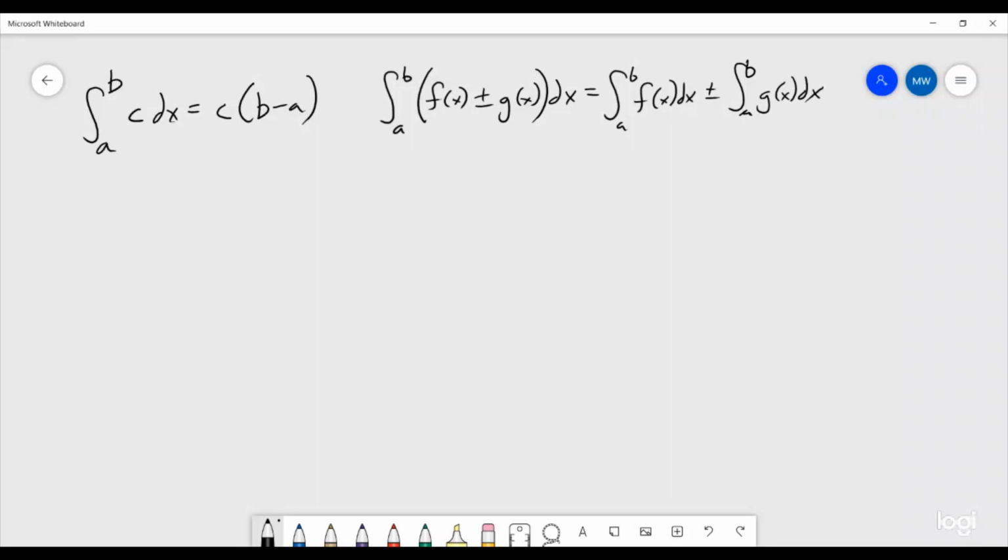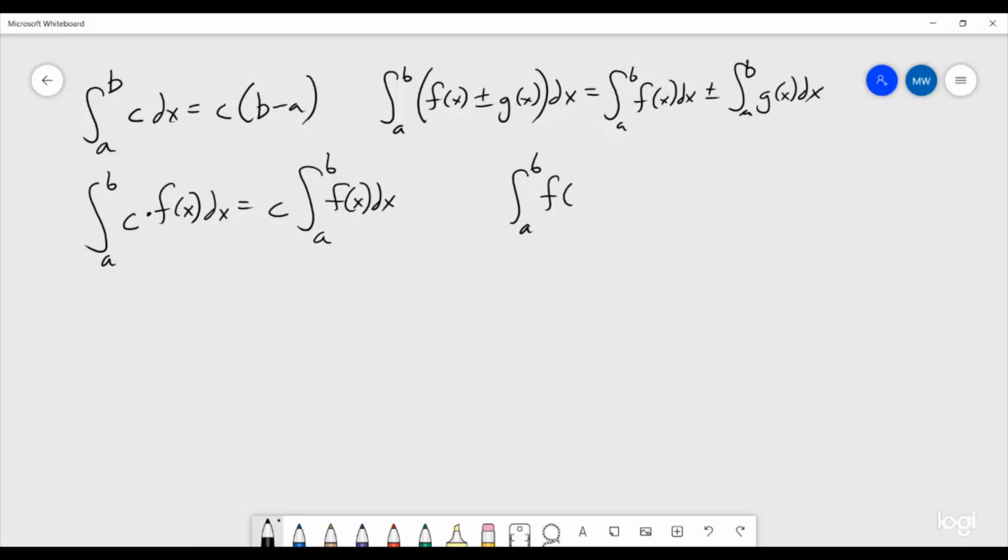So we got that. We have the integral from a to b of a constant times a function f of x dx. This is equal to the constant times the integral from a to b of f of x dx. We have the integral from a to b of f of x dx is equal to the integral from a to c of f of x dx plus the integral from c to b of f of x dx, and you can use that to go either direction.